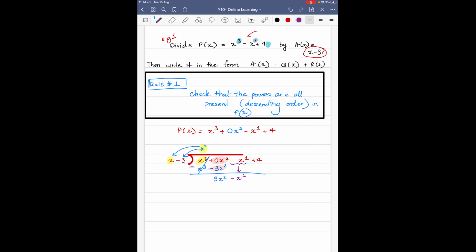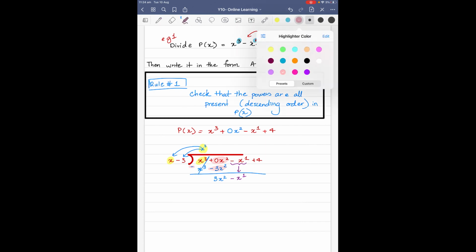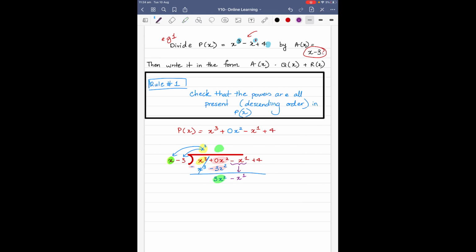So looking at your first term again, x times something has to give you 3x squared. Okay, so we know x times a positive 3x is going to give you 3x squared. So x times 3x is 3x squared. 3x times minus 3 is minus 9x.